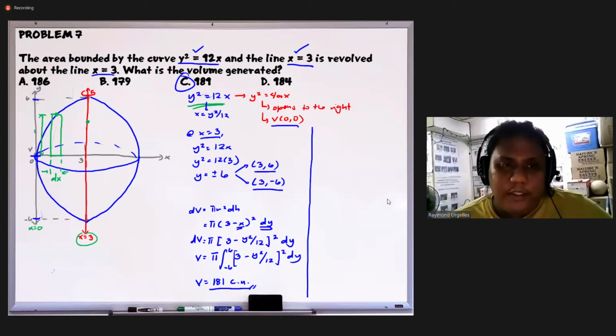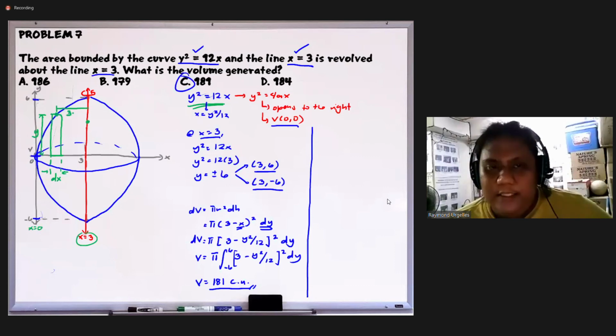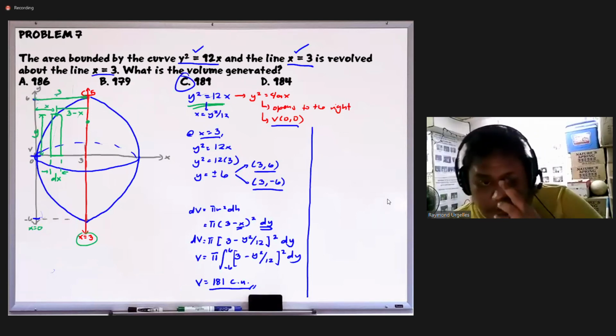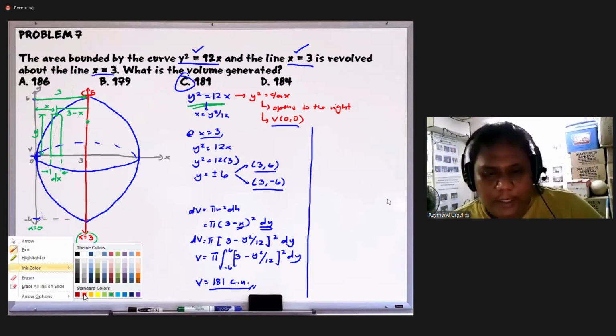By definition, that is the y-coordinate. And pangatlo, the radius, yung layo nito from the axis of revolution. Kanina nakuha na natin yan as 3 minus x, kasi again, this is the x coordinate, tapos alam din natin na ito ay 3 units.